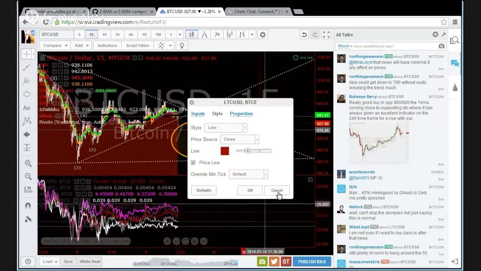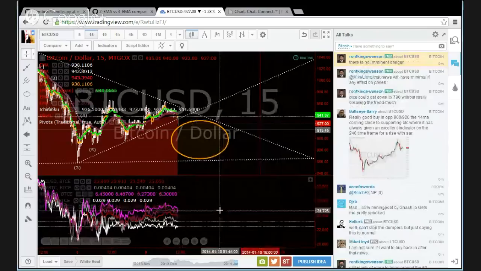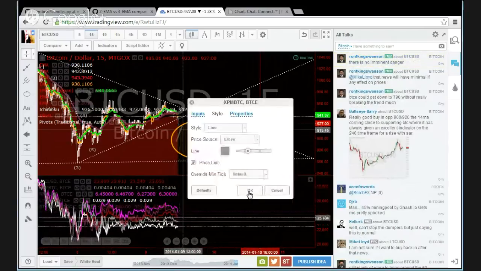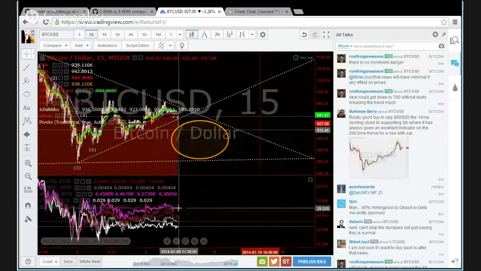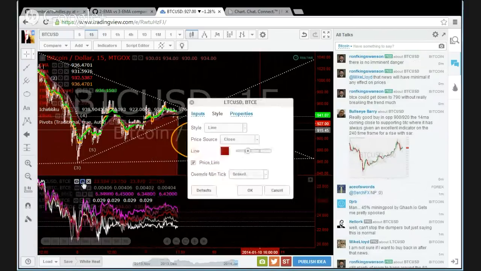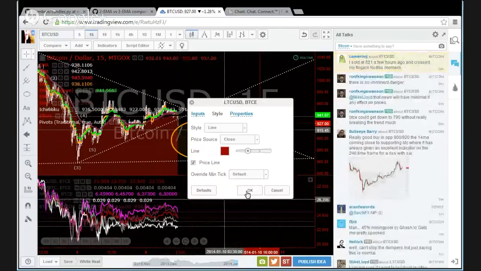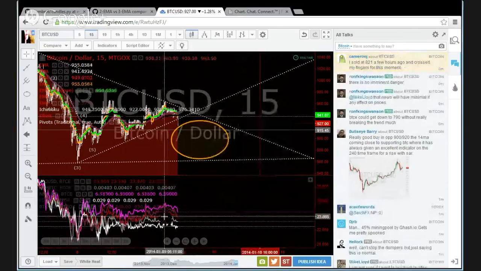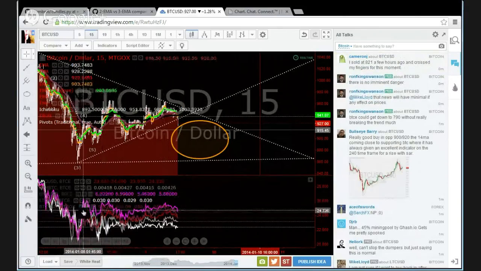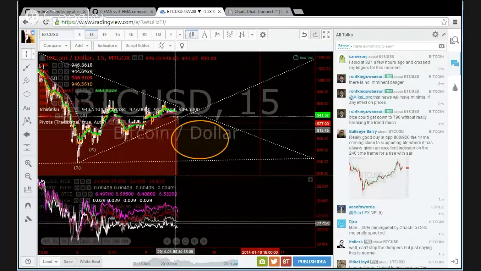This is an interesting horse race coming in as we see the pairs jockey for position. But it looks as if all pairs are trending down, with the LTC BTC USD pair really taking the brunt of it, followed by the Namecoin, I believe. No, the BTC Mt. Gox pair. So let's take a closer look at this.